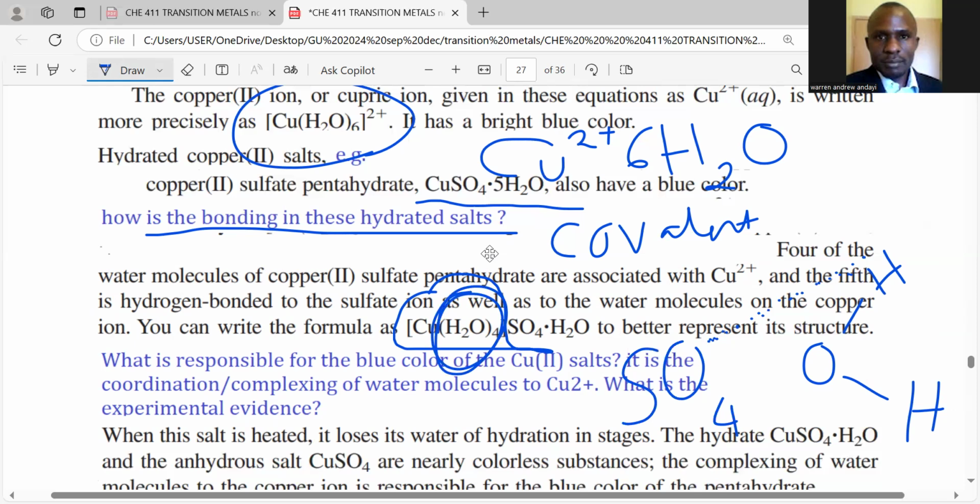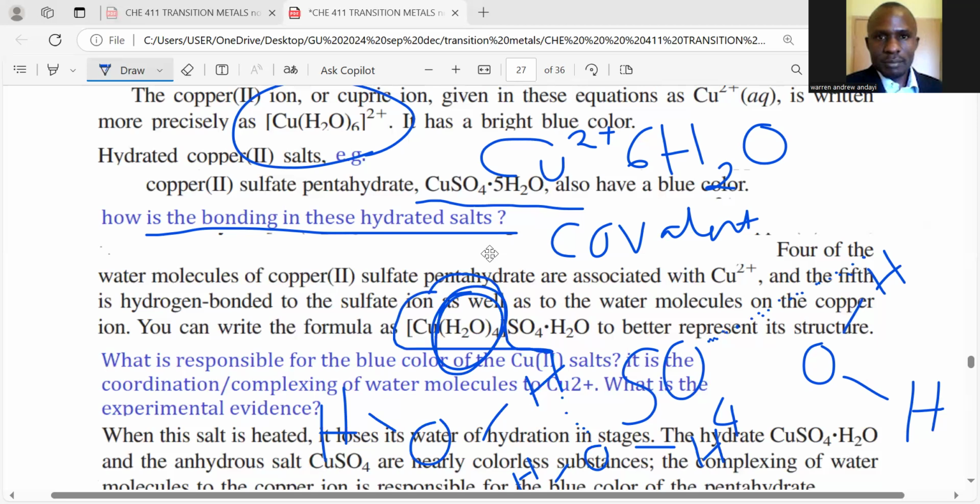So water to water hydrogen bonding, we know how to write that. We can write it directly. Water to water hydrogen bonding is just an obvious thing we can always write. So if I have another water here, how will the hydrogen bonding happen? It will be something like that. That is how hydrogen bonding of 2 water molecules will be.